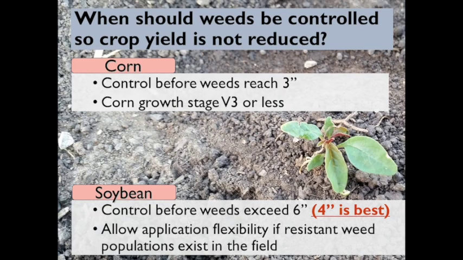Note that the timing is earlier for corn, as seedling corn is less competitive and yield loss occurs sooner than in soybean. Also note that weed size is not a hard number, as several factors can influence when weed competition will start reducing yields.